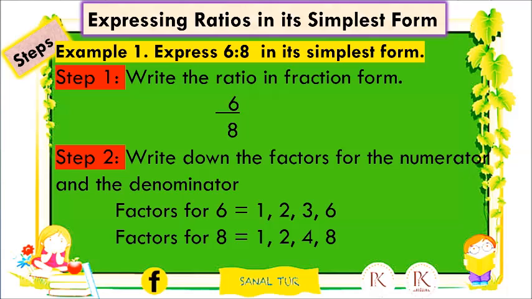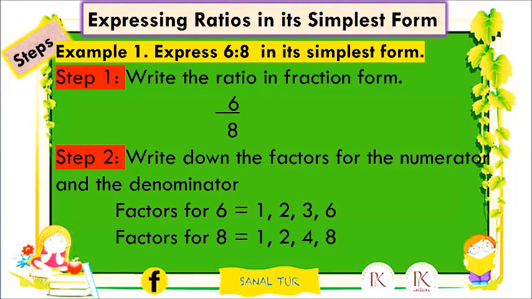So we are going to write this into fraction form. Remember, the first number should be the numerator and the second number is the denominator. So this is already the fraction form.